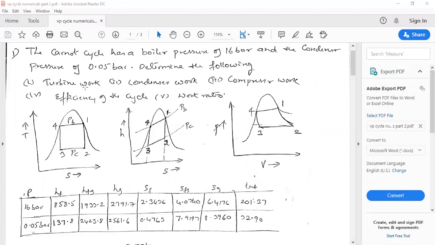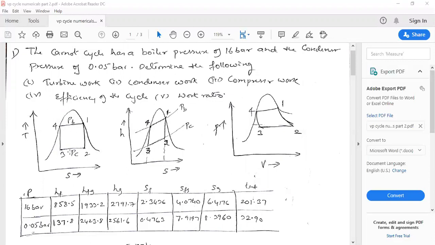So turbine work is H1 minus H2. Condenser work is H3 minus H2. Compressor work is H4 minus H3. And the efficiency of the cycle, for a Carnot cycle, you have seen that efficiency is equal to 1 minus TL divided by TH.